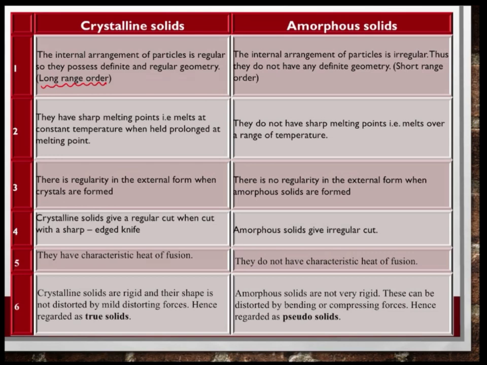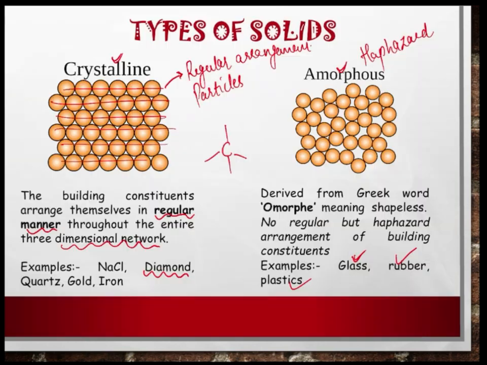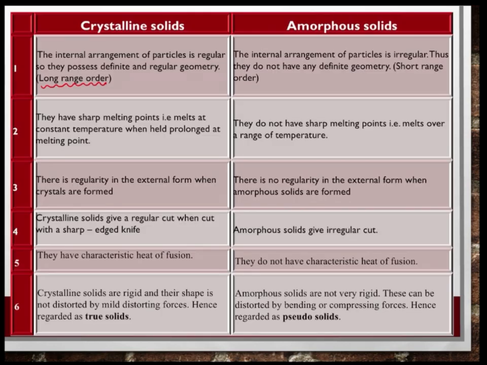Similarly, amorphous solids: the internal arrangement of the particles is irregular. Once again, see this, there is an irregular arrangement, no arrangement, haphazard arrangement. No shape is being formed here, right? So they have a very short range order and they do not have any definite geometry, whereas crystalline solids have definite geometry.